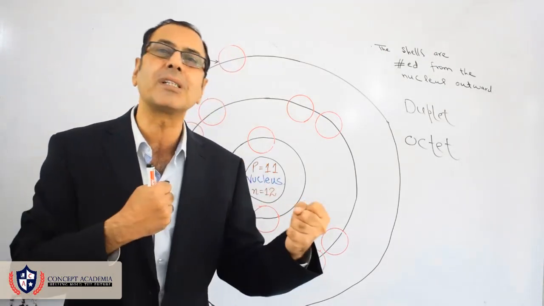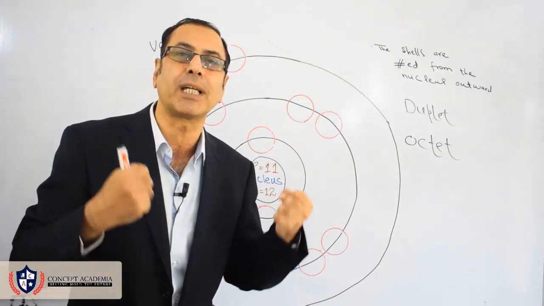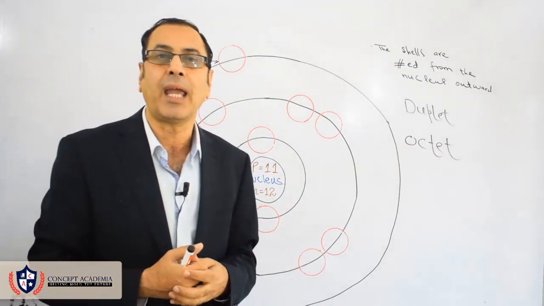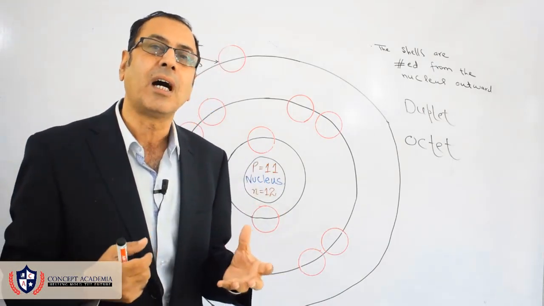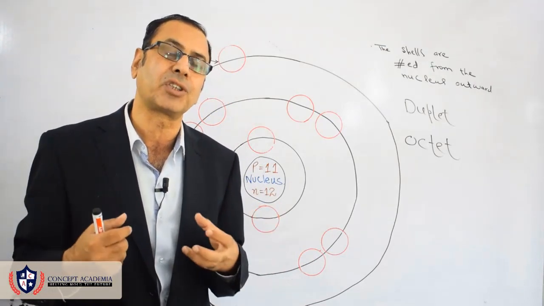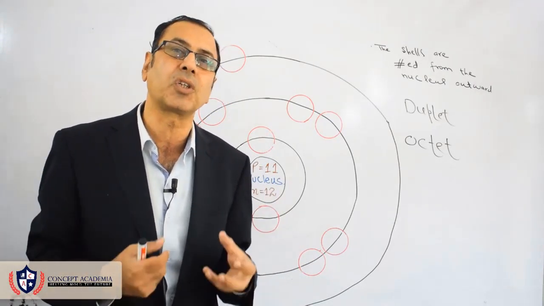So there are pushes and pulls in the atom. Electrons are trying to make the forces of attraction maximum, and they are trying to reduce the repulsions.